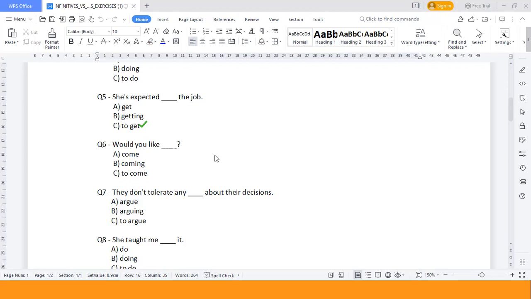Let's see 6. Catalina. Will you like coming? I'm afraid it's not correct. The verb to like can be followed by ing, but in this case, it's not the verb to like only, it's would you like, would like, but it's different.